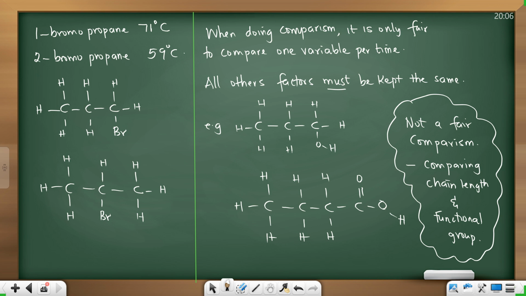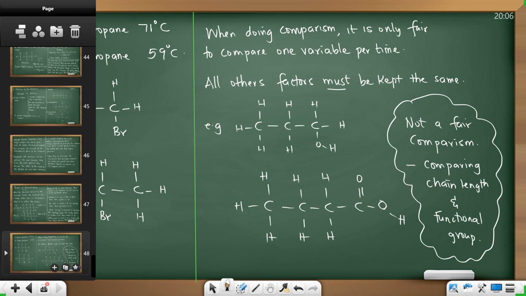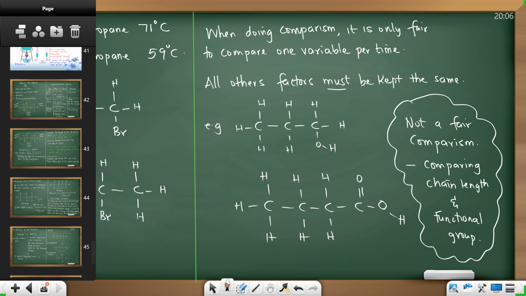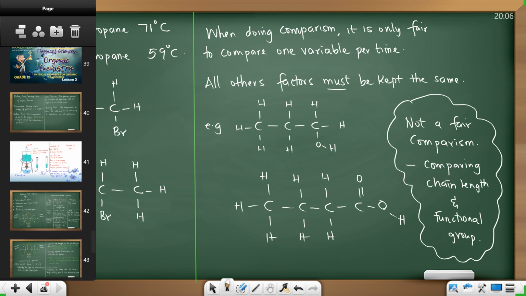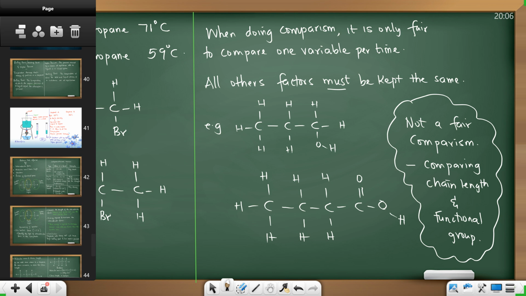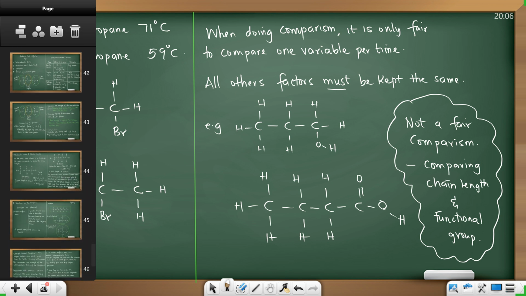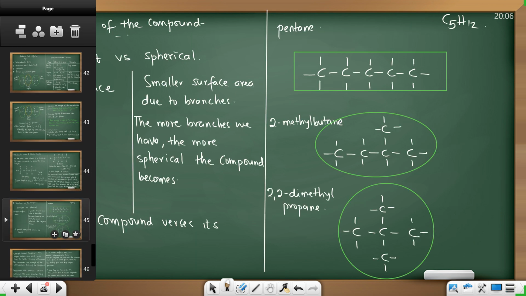Pentane, 2-methylbutane, and 2,2-dimethylpropane. I'm sure you're done here. Just want to emphasize that. Let me just show you that quickly. When I was comparing here, oh, this is such a beautiful note. I love it myself. When I was comparing this, look at, are you aware that the molecular mass remains the same?